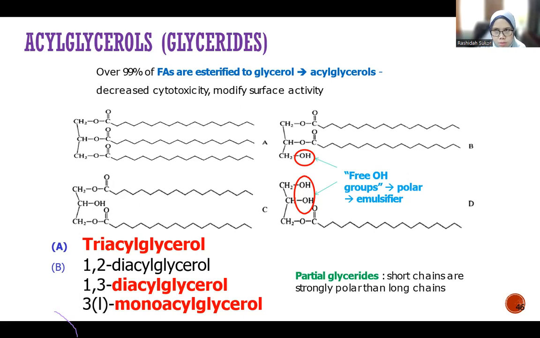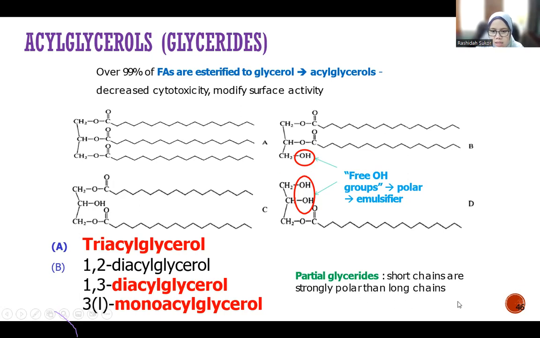So like when we eat what? Mayonnaise, right? Mayonnaise is a good example of using an emulsifier. If you put the mayonnaise in the fridge or on the table, it will not separate. So you can use this kind of fatty acids or acylglycerol as part of an emulsifier because of the OH group.